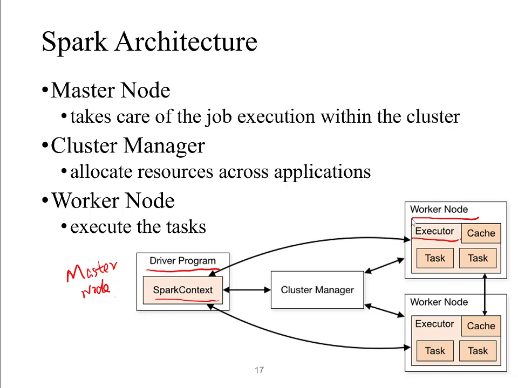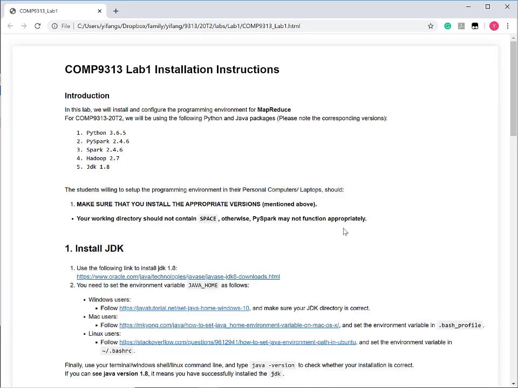Alright, so this is pretty much all for today's lecture, but I will spend a couple of minutes on lab 1, just to give you some instructions. Lab 1 is about setting up your programming environment for MapReduce. There are 4 labs in this course.